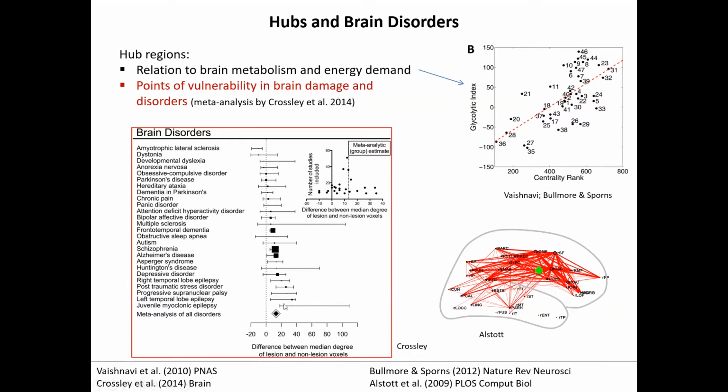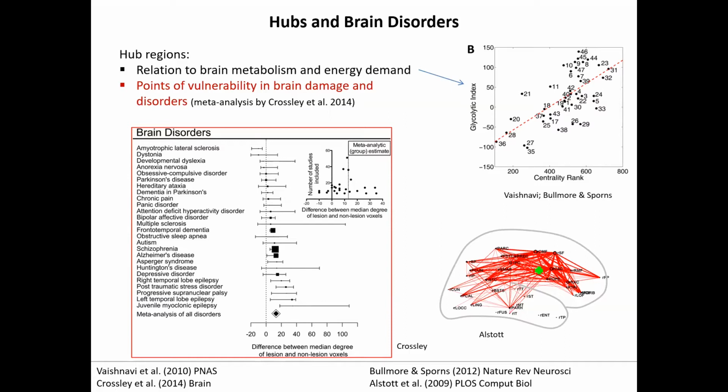Where do we see the first signs of atrophy and physical damage to the architecture in anatomical MR scans? And in most disorders, not all, but in most of them, the disease appears to disproportionately involve regions of the human brain that have high connectivity.